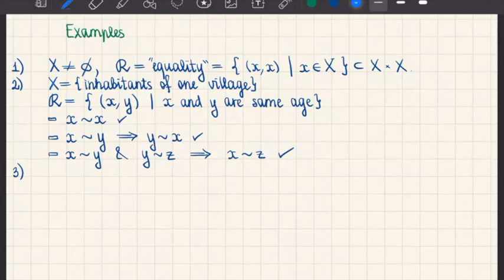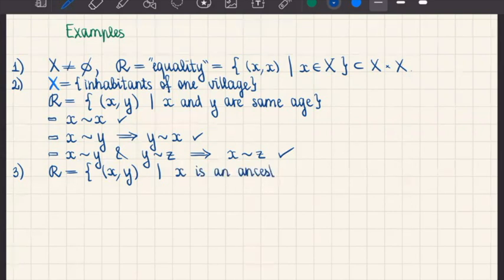In the same example where X is the set of people who live in the same village, let me consider a different R, the set of pairs (x, y) where x is an ancestor of y.